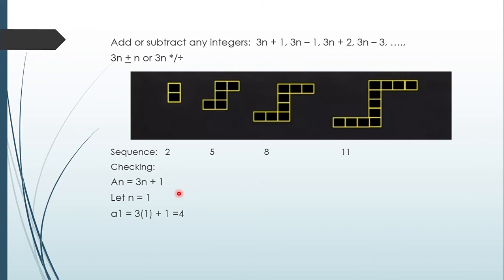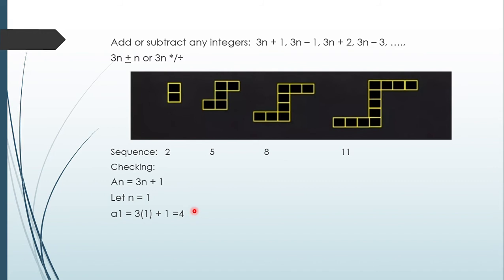So, let n equals to 1. Ikaw na bahala. Start ka always sa 1. Now, substitute 1 to n. 3 times 1 is 3 plus 1 is equal to 4.